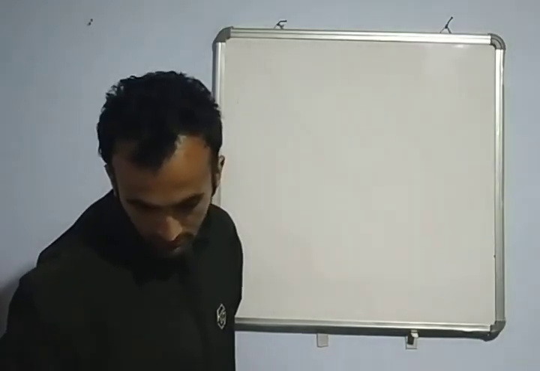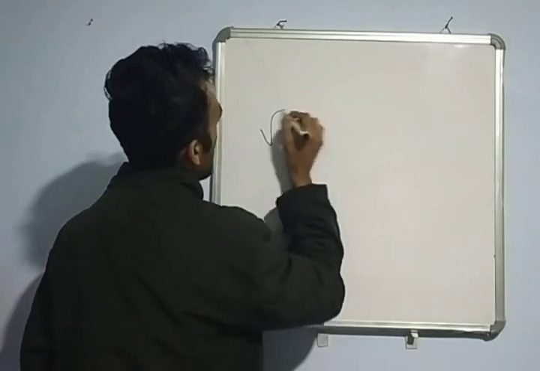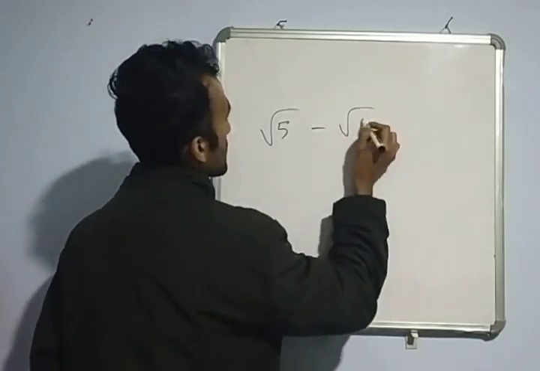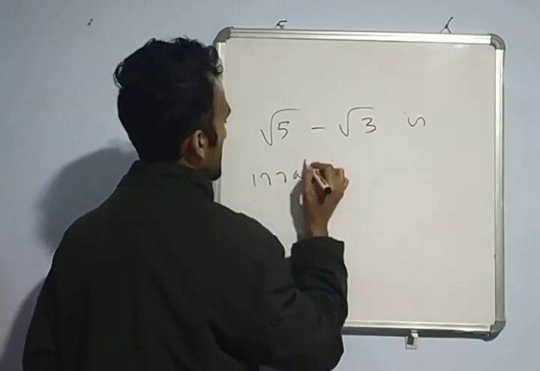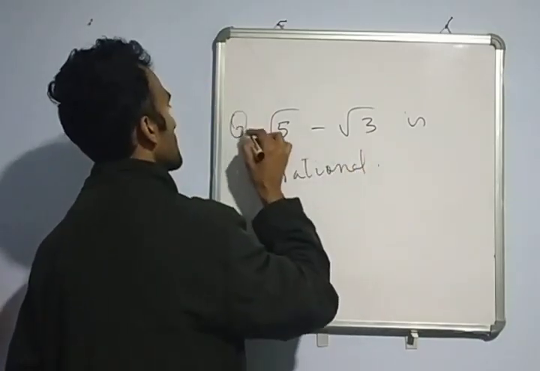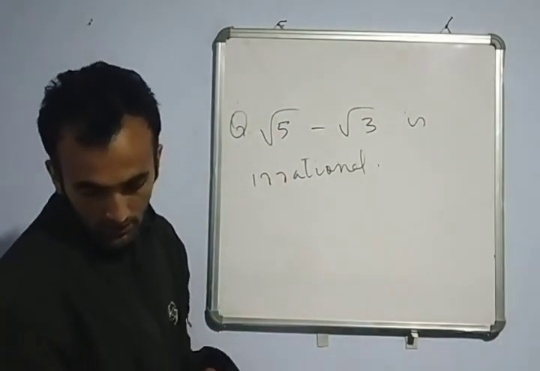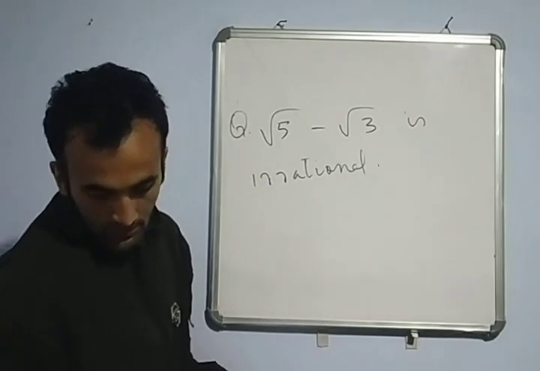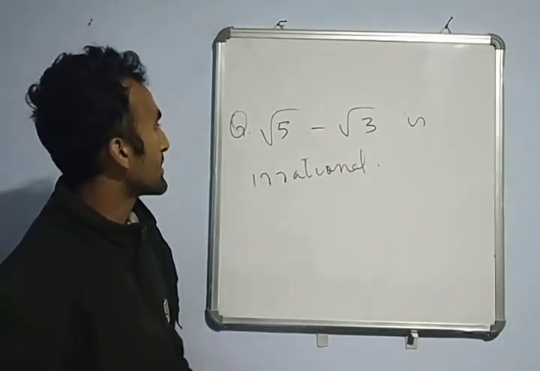Prove that root 5 minus root 3 is irrational. Try this one by yourself. This is not a question in the textbook because we are done with the textbook questions. Whatever is to be done, we are done. Now I want you to do this one, and you have to prove that this is irrational.